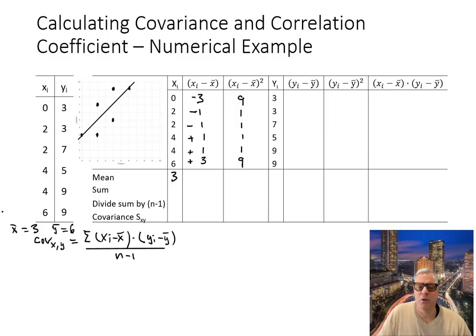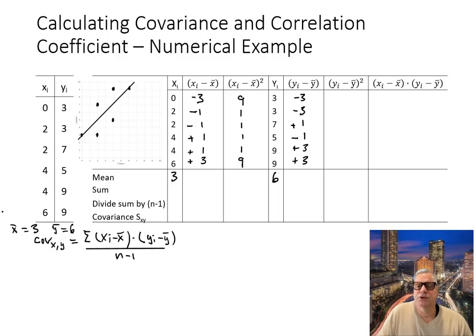Okay, so now for y, the mean was 6. Let's first subtract from each observation the mean of 6. 3 minus 6, negative 3. 3 minus 6, negative 3. 7 minus 6, positive 1. 5 minus 6, negative 1. 9 minus 6, positive 3. 9 minus 6, positive 3.